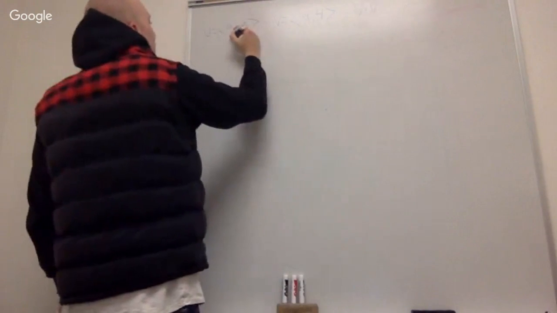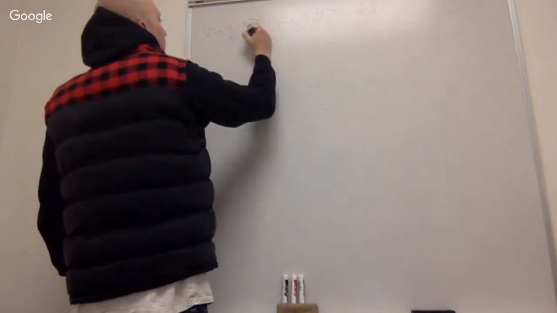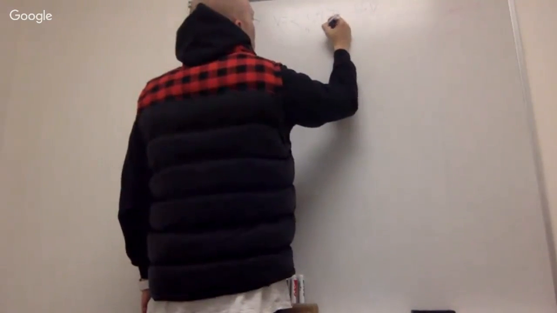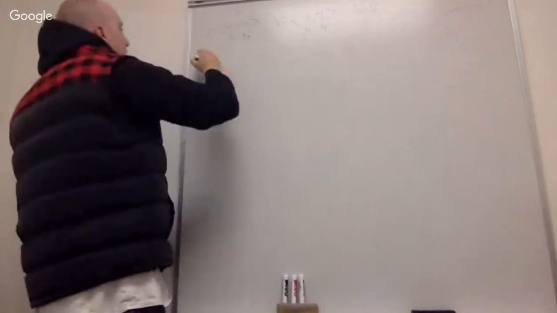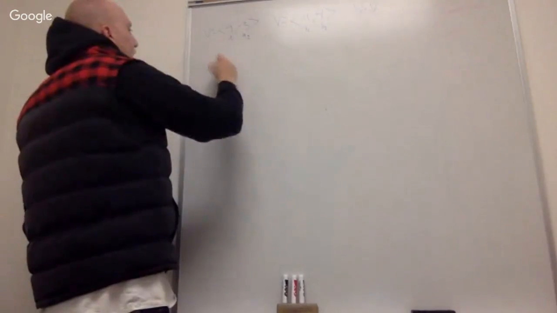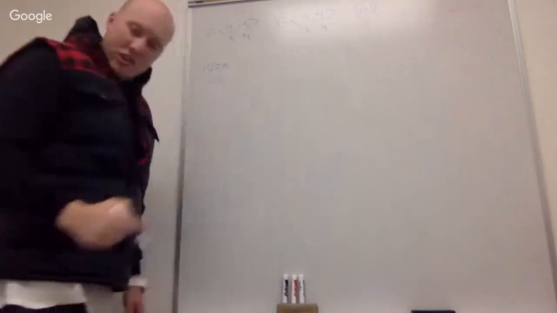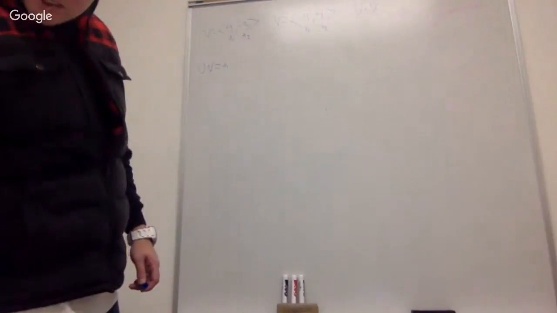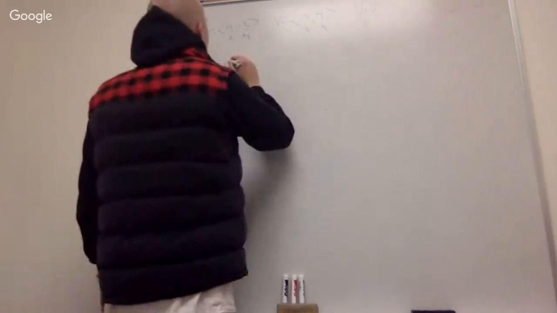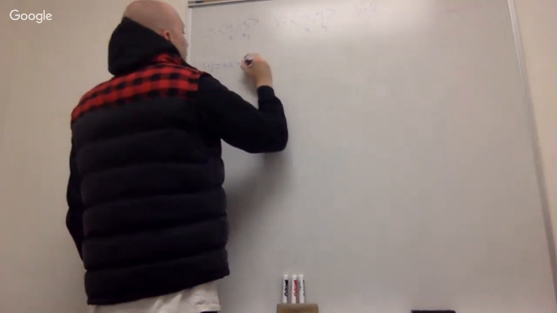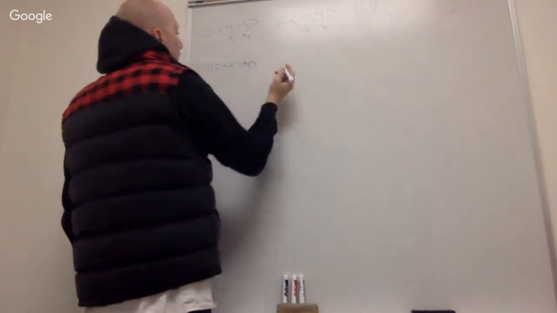So I always just wrote it out. That's a1, that's a2, that's b1, and that's b2. And so u times v equals a1 b1 plus a2 b2.